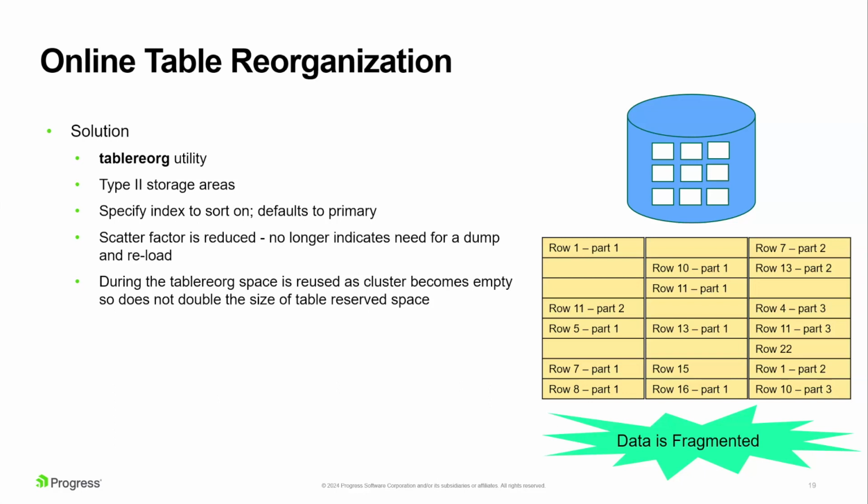What this does for you is your scatter factor is now reduced, and it no longer indicates a need for a dump and a reload. And what we've done is, during the table reorg operation, the space is reused as each cluster becomes empty. So we've just used a very small additional amount of space over time instead of doubling the size of the table reserved space.